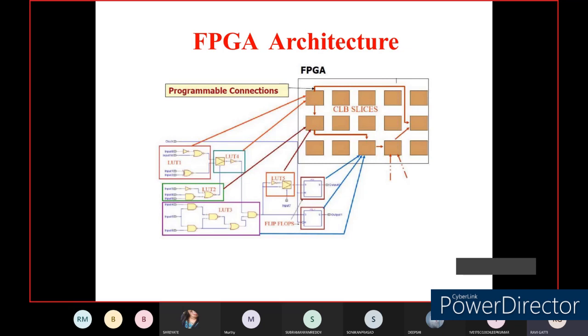For that, the FPGA architecture uses flip-flops, so we can store the output of particular sections in these registers. So your FPGA is responsible not only for implementing combinational circuits, but also for storing registered networks or sequential circuits. So this is your internal architecture.